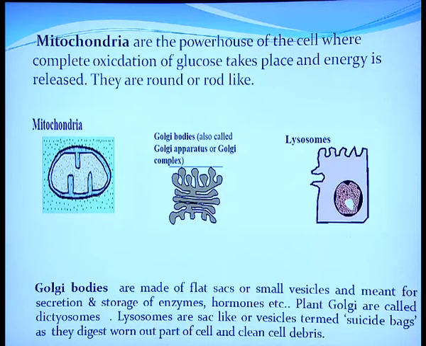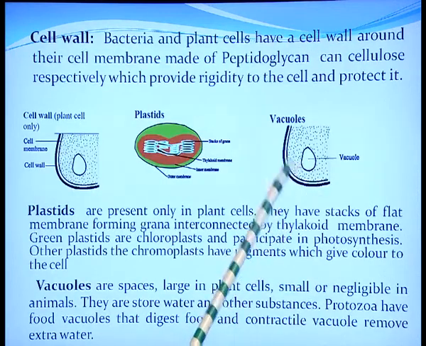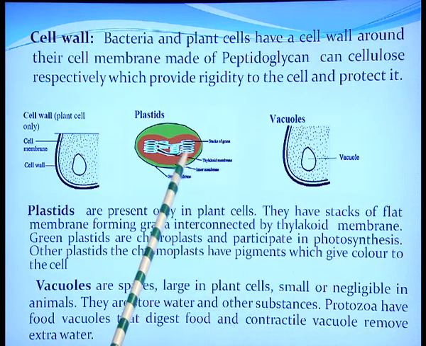I have already told you they are the suicidal bags, and they actually remove all the debris from inside the cell, so that new structures can be generated, and then the body functions properly, which is so important. Now, let me also tell you that plant cells have vacuoles, large vacuoles, which are simple empty spaces. And I also want to tell you that plant cells have what are known as the plastids.